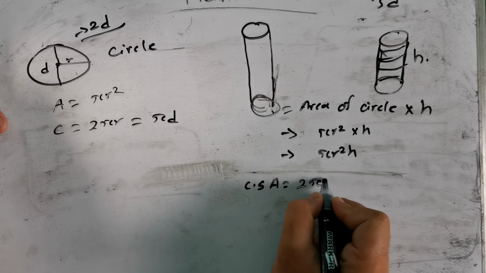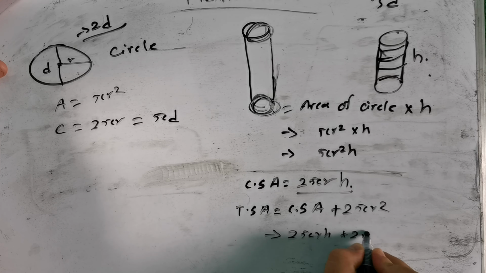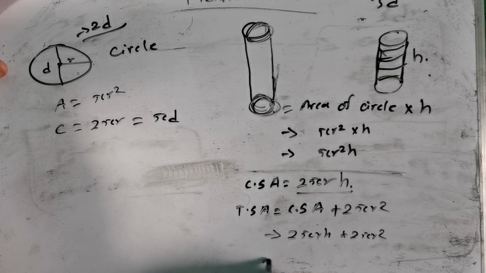So 2 pi r h plus 2 pi r square. What is common? 2 pi r is common, r plus h in the bracket. Okay, you can find it like this.